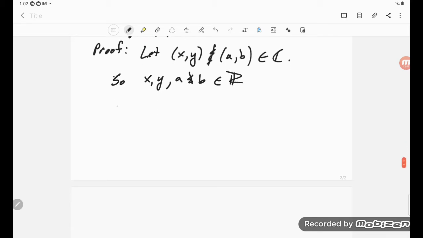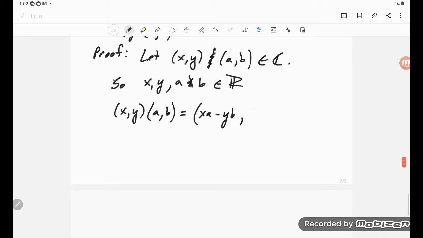Now we do our multiplication. We've got (x, y) times (a, b), and that multiplication is xa minus yb, and then xb plus ya.